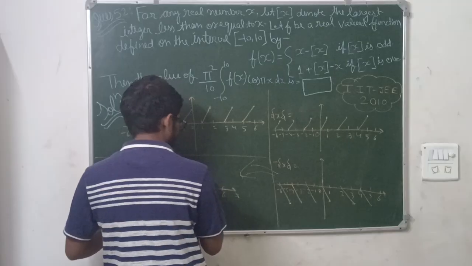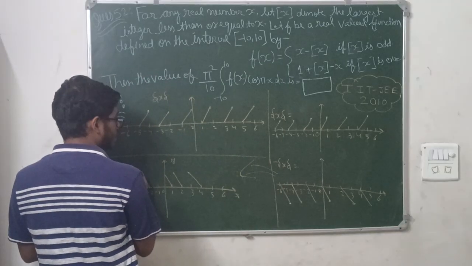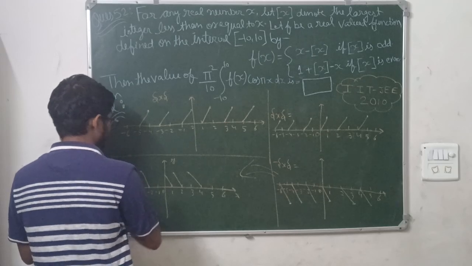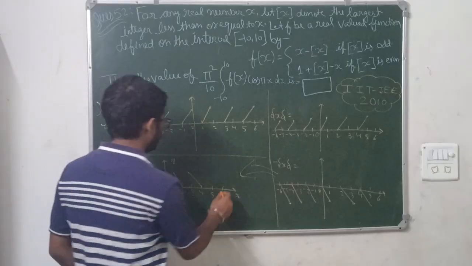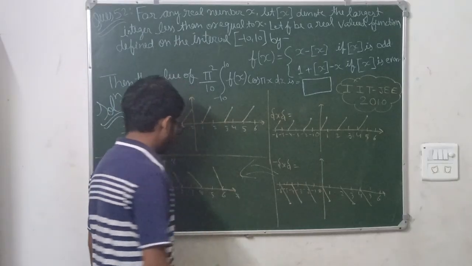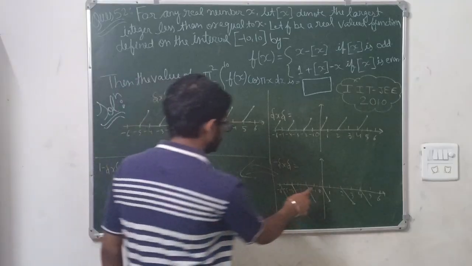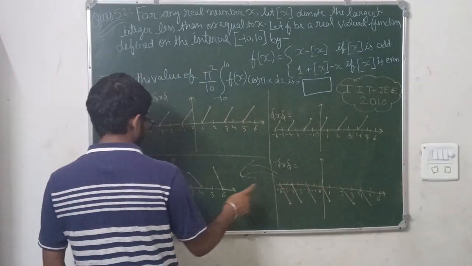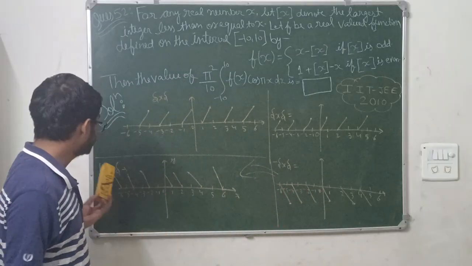So this will go like this, and this will also go like this, and minus 6. This is the graph of 1 minus greatest integer of x. Now we have done the graph of all the things, 1 minus greatest integer of x.